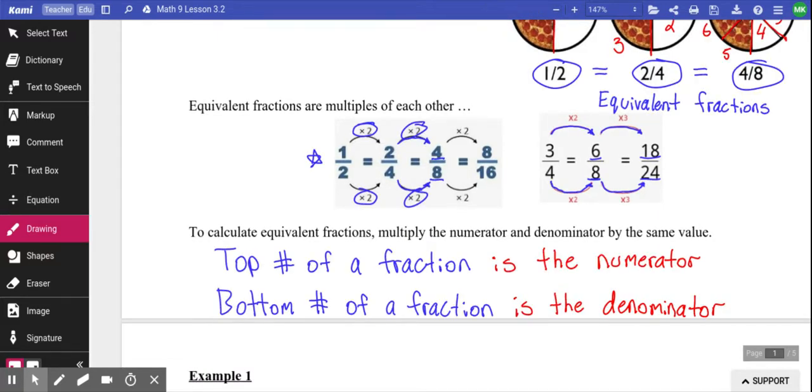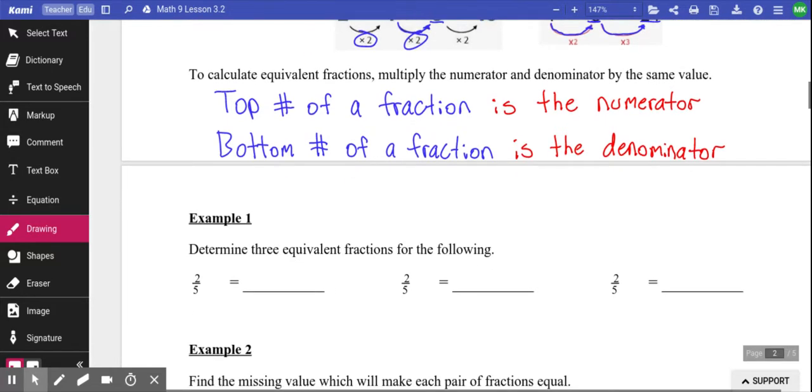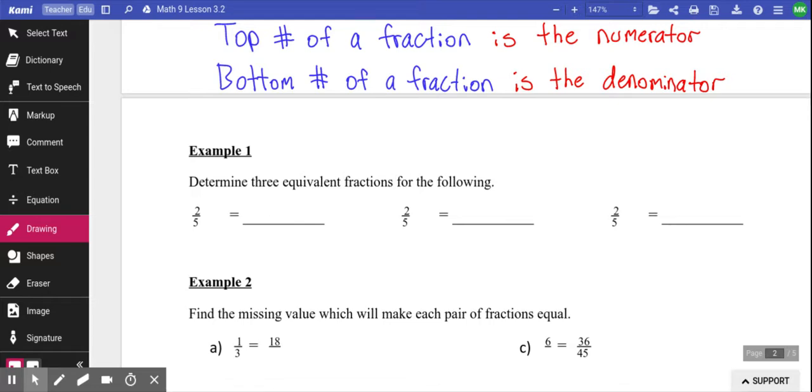Cool. Today is going to be all about calculating equivalent fractions and different ways of doing it. Example 1. We're going to create 3 equivalent fractions for the following. They're all 2/5. So we're going to create 3 different equivalent fractions. The way we create equivalent fractions is by multiplying the top and the bottom by the same thing.